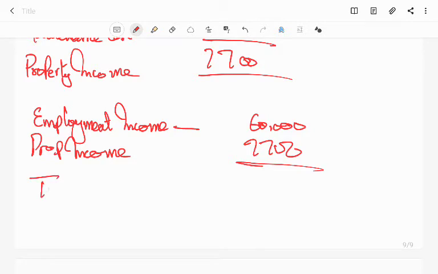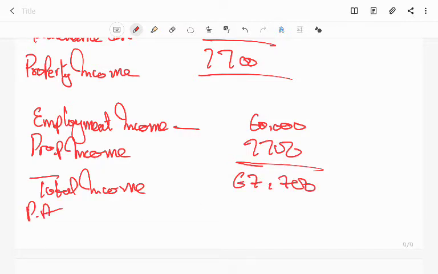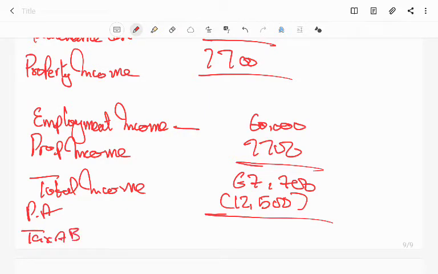Total income 67,700. Personal allowance 12,500. Taxable income 55,200.